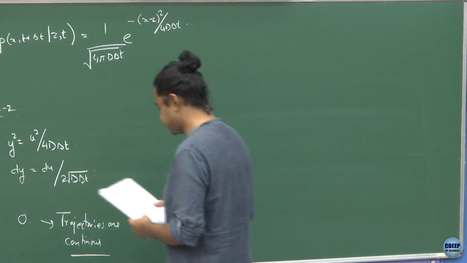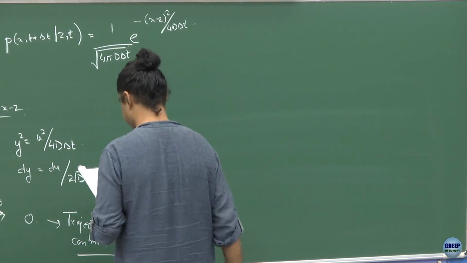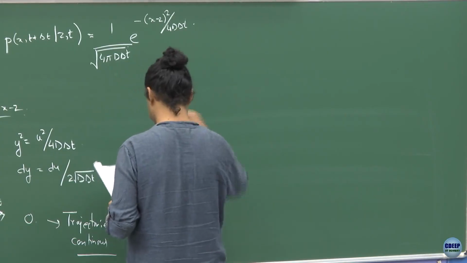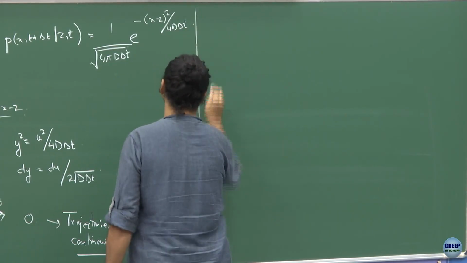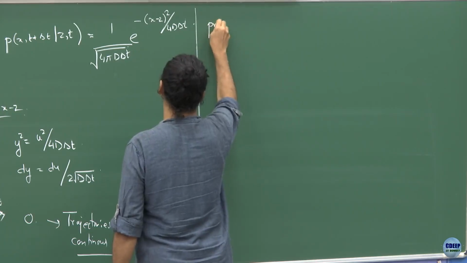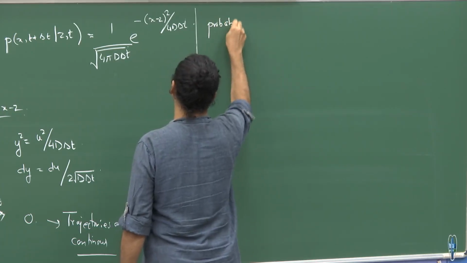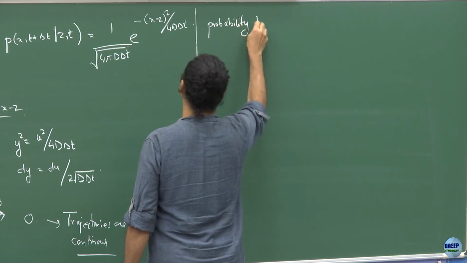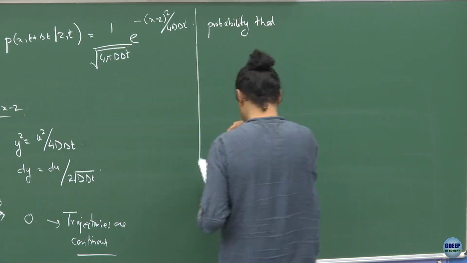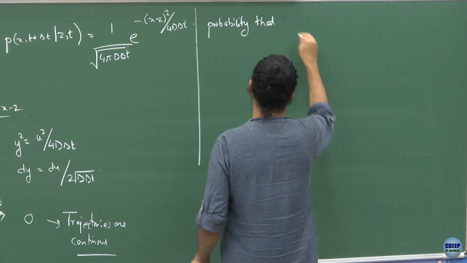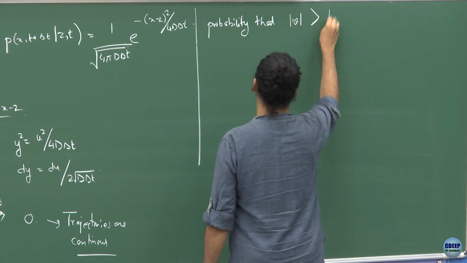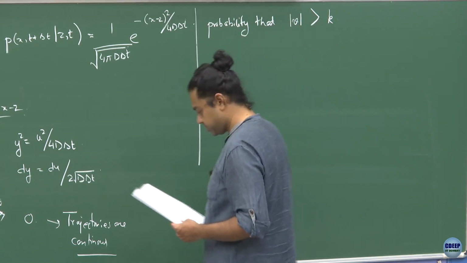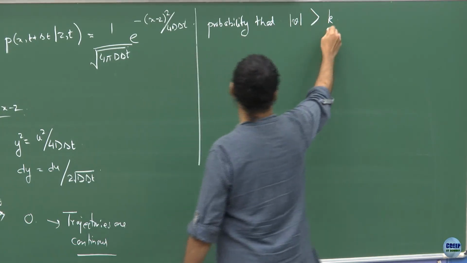We calculated the position, so let us ask what is the probability that the absolute value of the velocity is larger than some value k, some number, whatever that value.